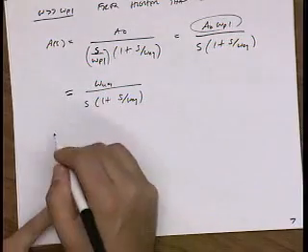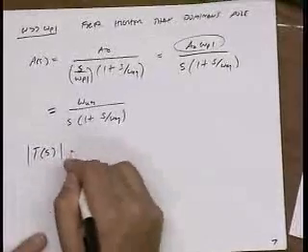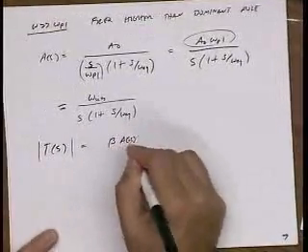And so now what I'm interested in doing is finding the frequency where my loop gain, which is beta times A of s, is equal to 1.